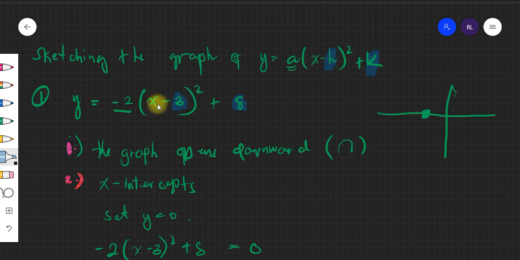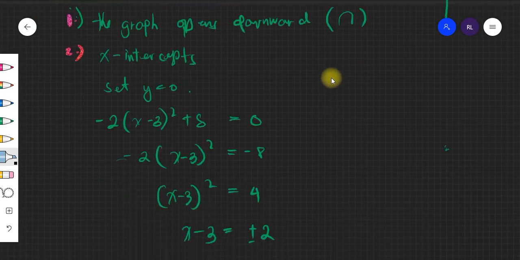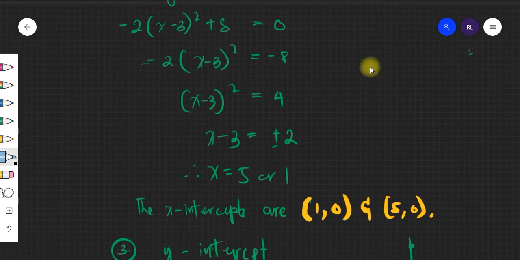So it's like setting this portion here to 0, then solve for x. Okay, so we have 3 and 8.